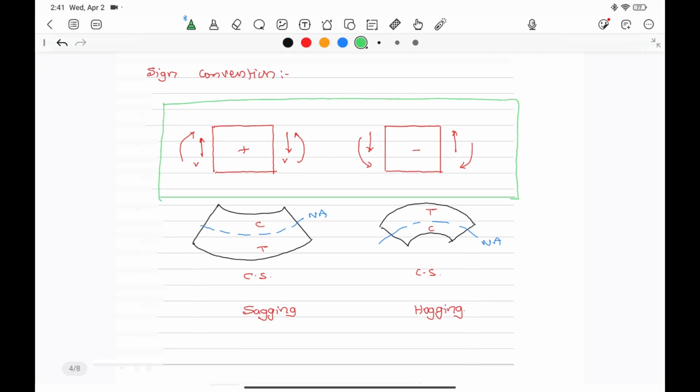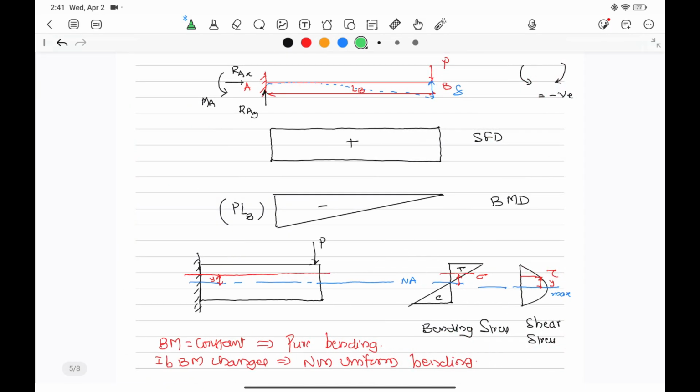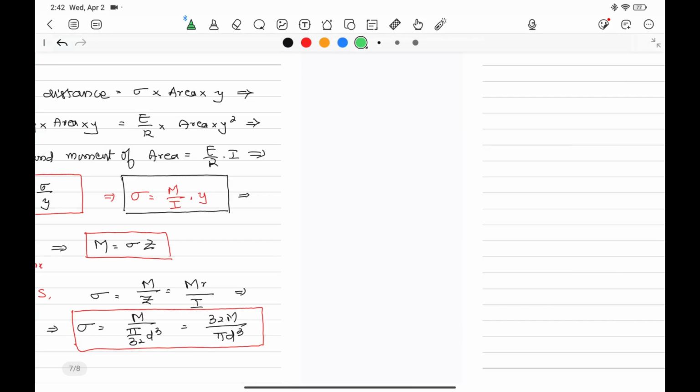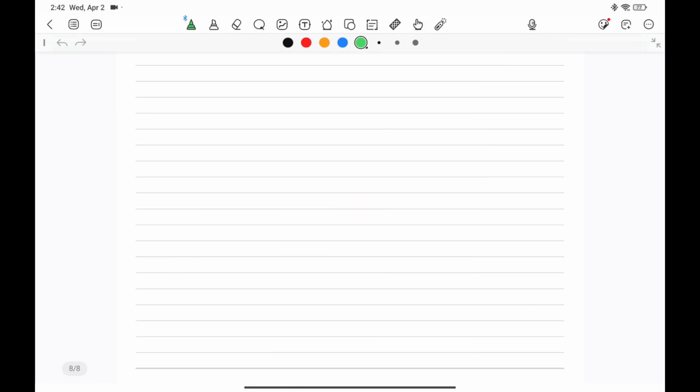With this sign convention, we will move further. Once the sign convention is there, we can draw SFD and BMD. I want to explain something called supports.